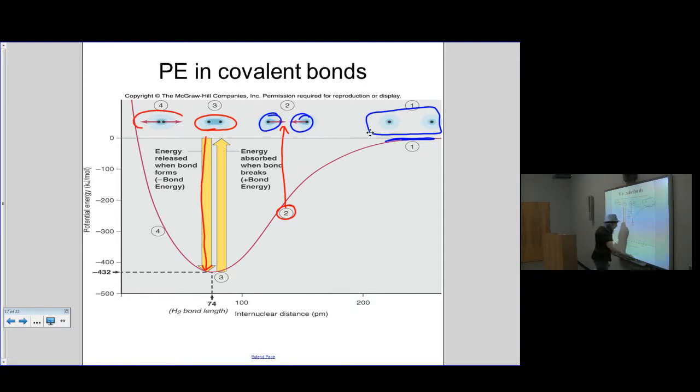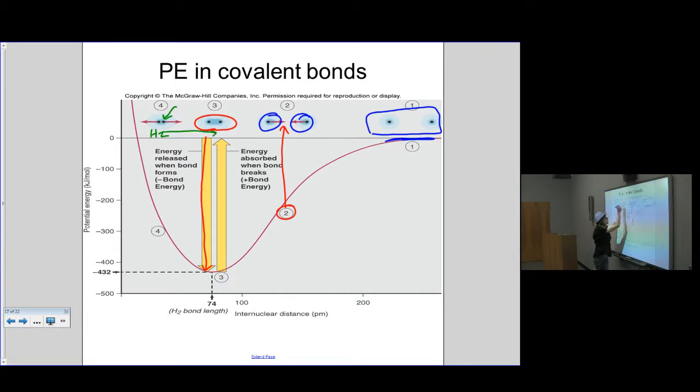Let's start the other direction. Let's assume that something has happened to this H2 molecule, and somehow the nuclei are starting to spread out a little bit. They're beginning to feel a repulsion away from each other because of whatever has happened to it.